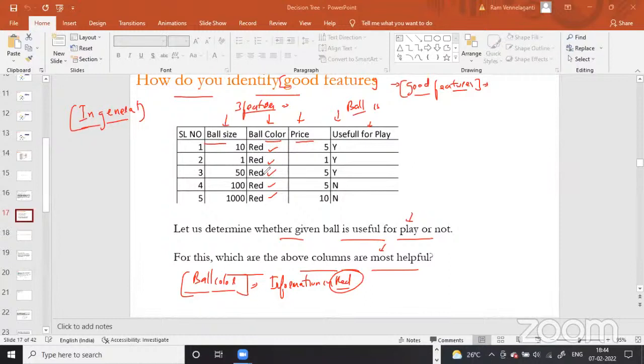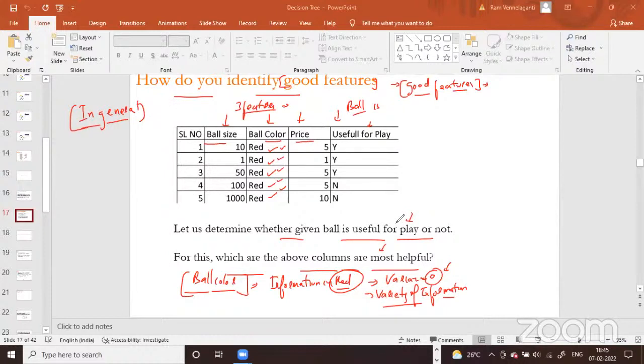So what can you say? Clearly, this column has variance equal to 0. What do you mean by variance? Variety of information. Do I have any variety of information here? There is no variety of information. All the values are red. So even if I tell you the ball color is red, you will not be in a position to decide whether the ball is useful for play or not.